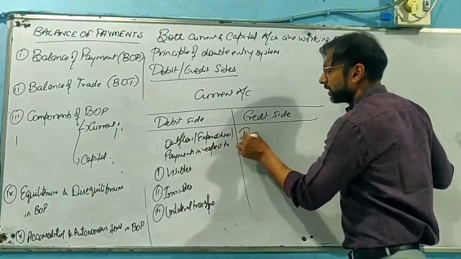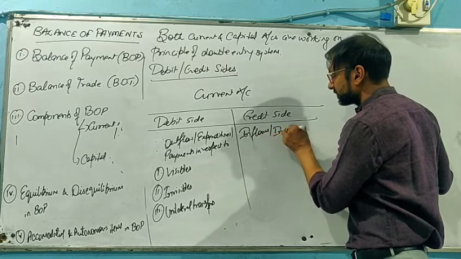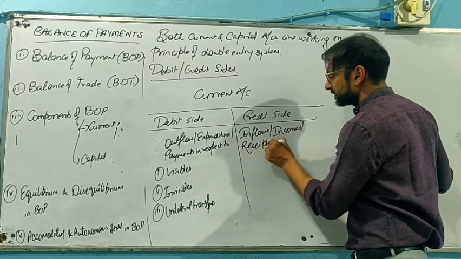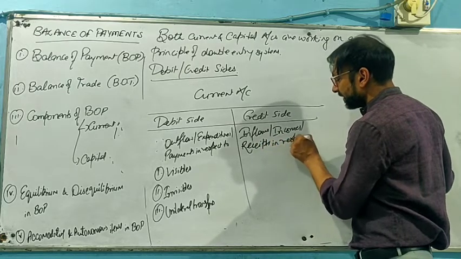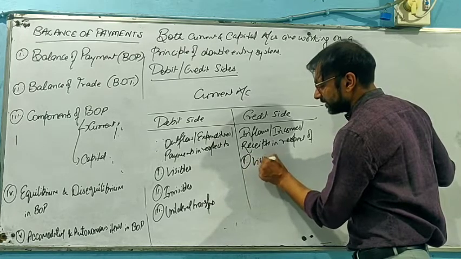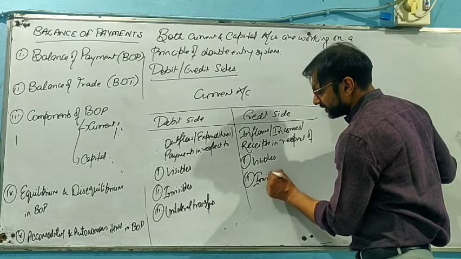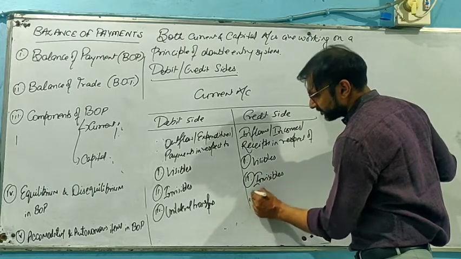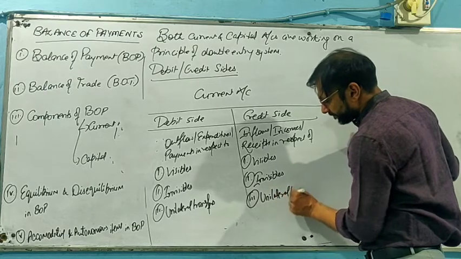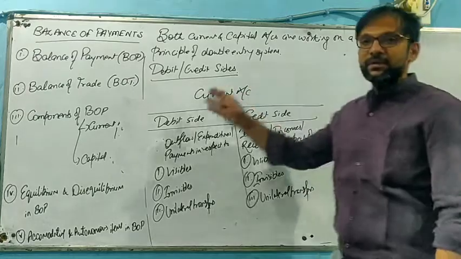Likewise, all inflows, incomes, or we can say receipts in respect of, again we say visible items or say visibles, invisible items say invisibles, or unilateral transfers will be shown on the credit side of current account.